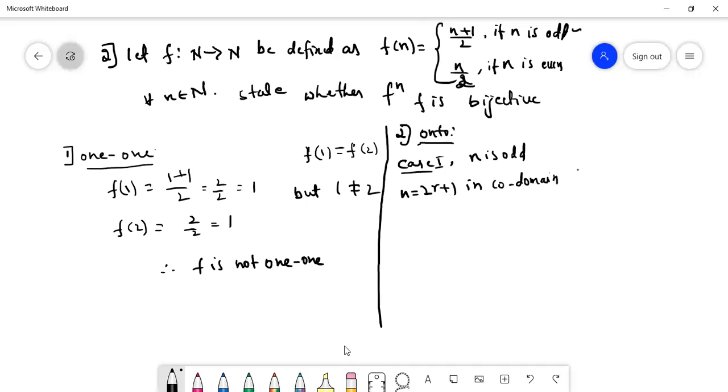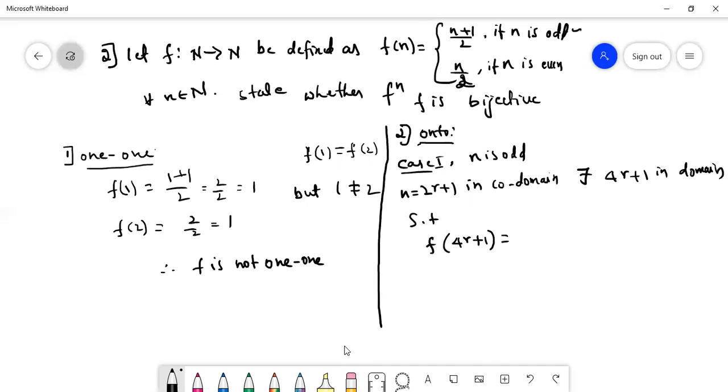Then there exists 4r plus 1 in the domain such that f of 4r plus 1 is equal to, okay?